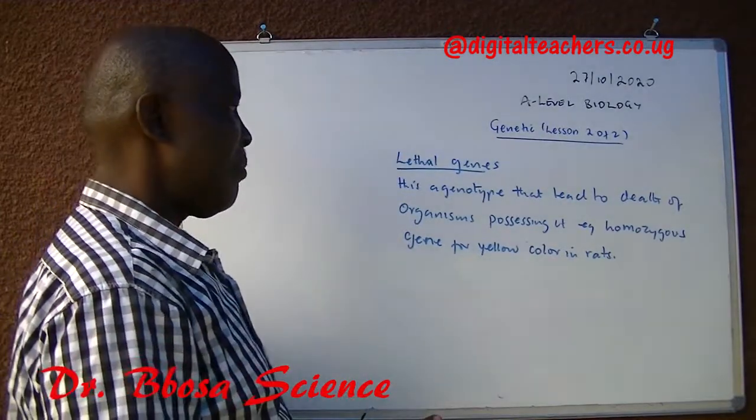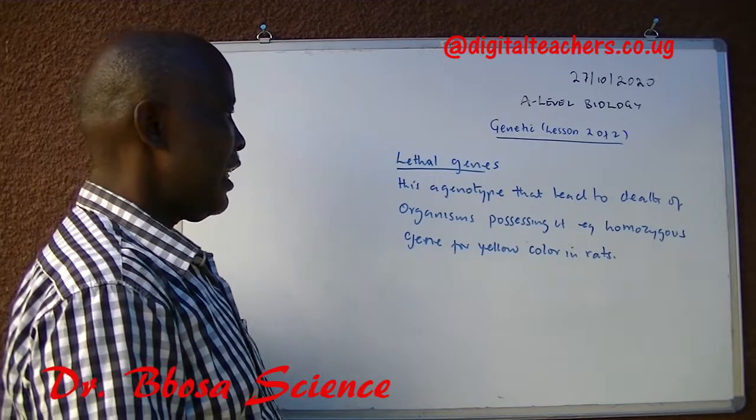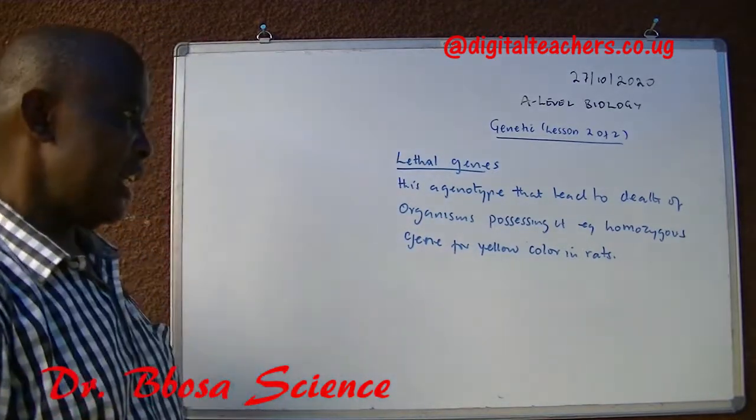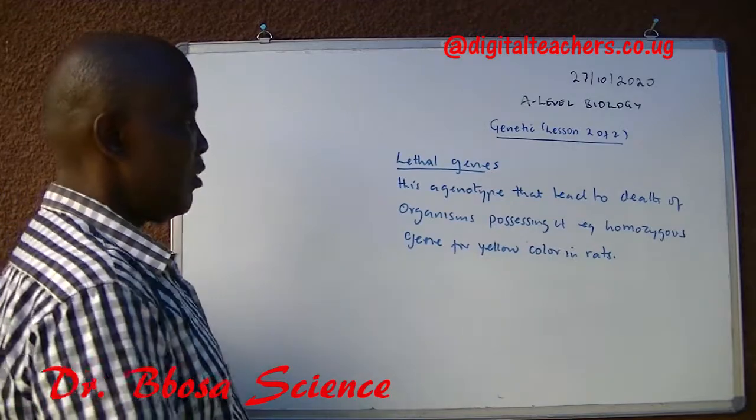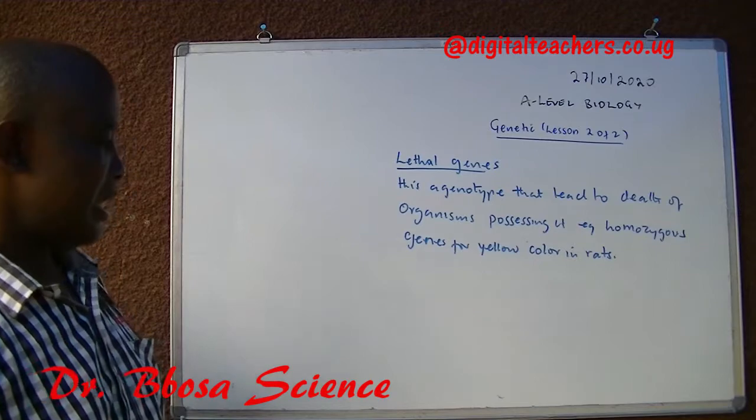Lethal genes. This is a genotype that leads to the death of organisms possessing it. For example, homozygous genes for yellow color in rats.